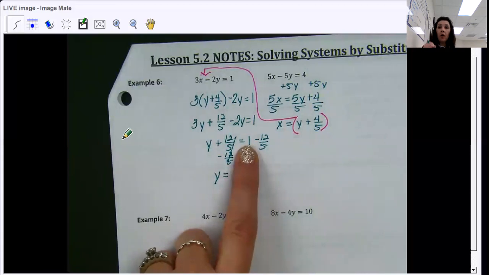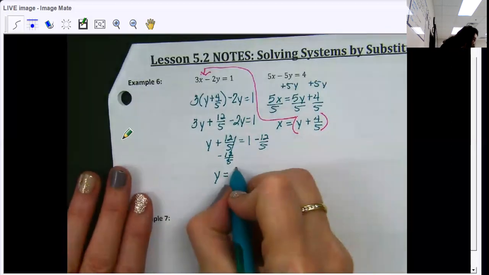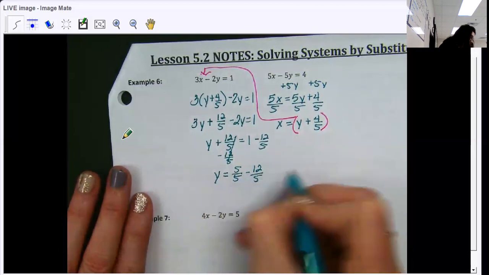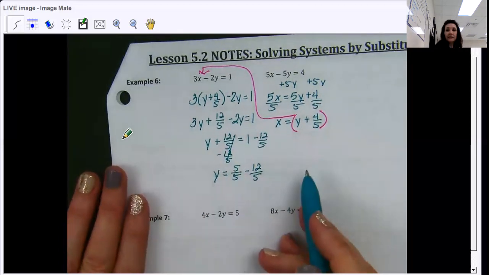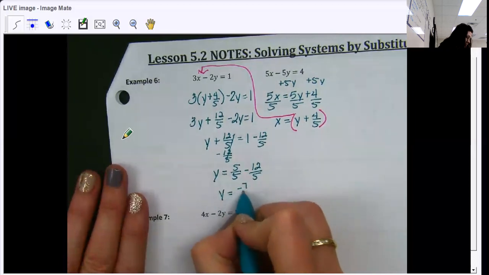Well, another way to write 1 with the same denominator as this is 5/5. So 1 as a fraction can be 5/5 minus 12/5. And now it's easy to solve here. So y is going to equal -7/5.